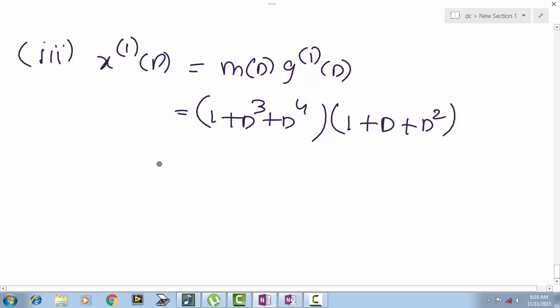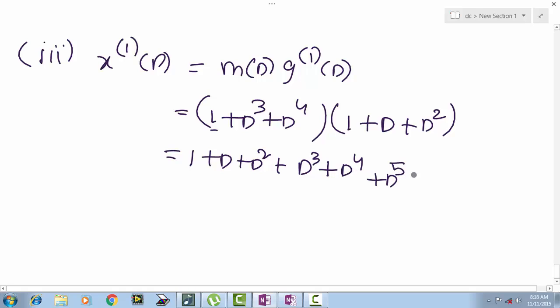So multiply. First term with the three terms: 1, d, d square. Second term with the three terms: d cube, d power 4, d power 5, plus third term with the three terms: d power 4, d power 5 and d power 6.